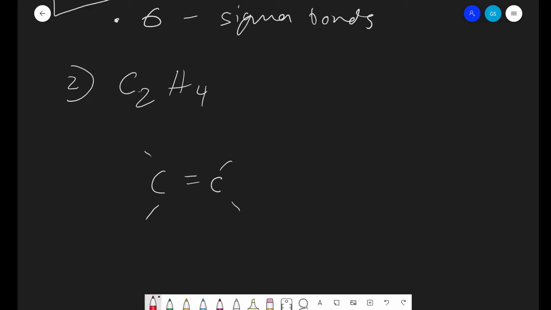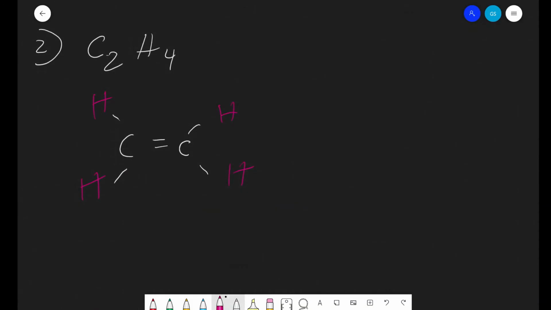I'll make my hydrogens in pink. All right. Let's restate the electron configuration again. Carbon. Let's look at this, a different situation now.